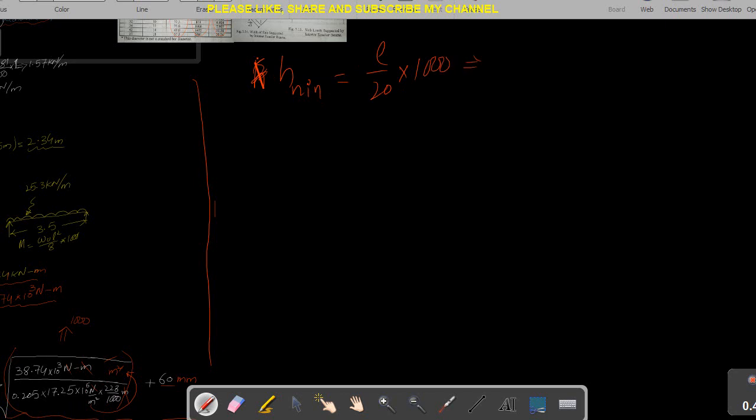To convert it into millimeter, my L is 3.5 meter, so from this I got 175 millimeter, which is less than the previously calculated value.